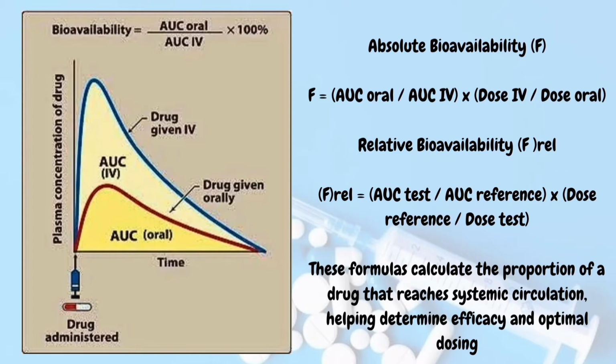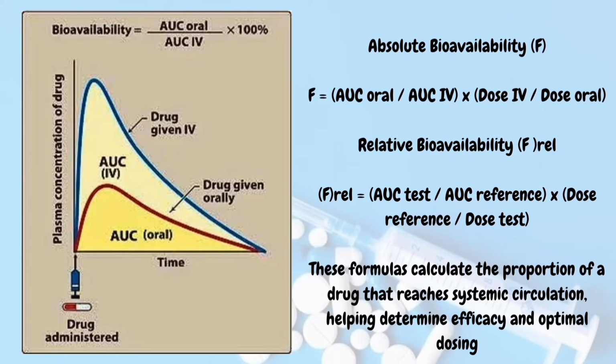The absolute bioavailability is actually the same thing as the general bioavailability formula. In absolute bioavailability, we are comparing the AUC of oral to the AUC of intravenous, multiplying it by the dose of intravenous to the dose of oral, or you can just multiply it by 100.